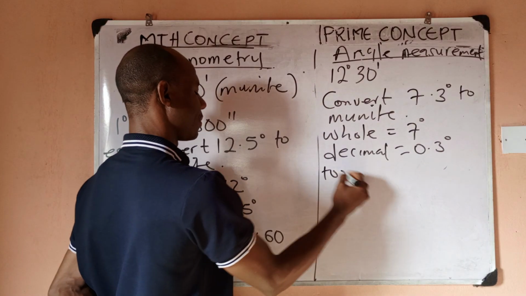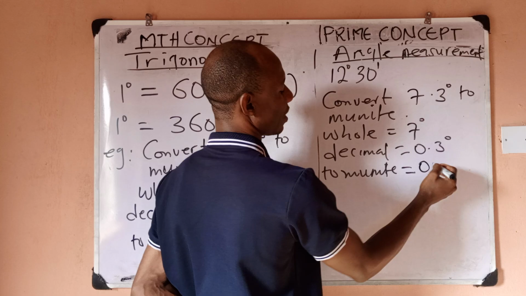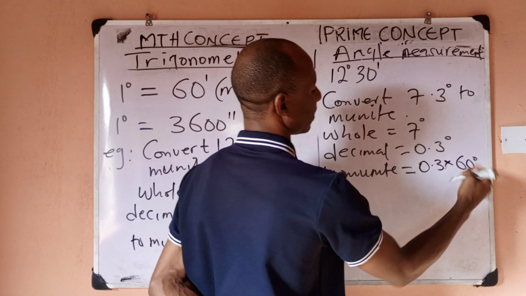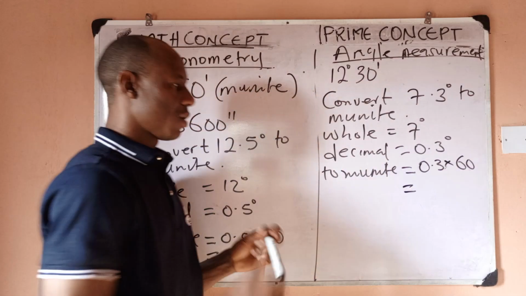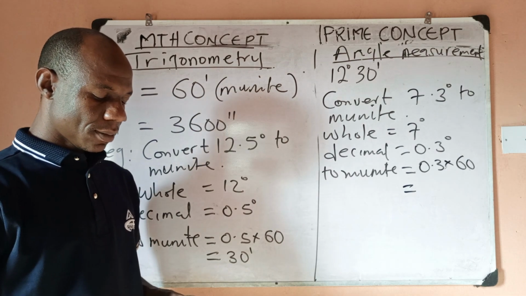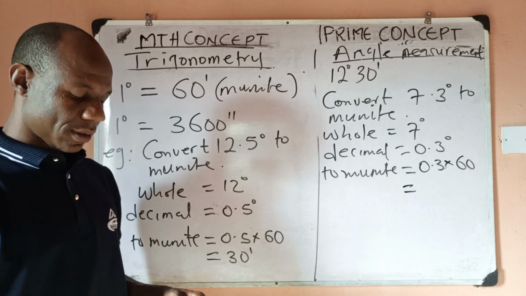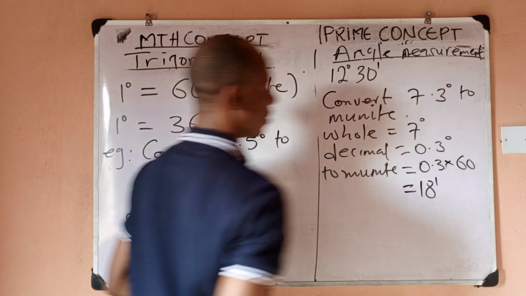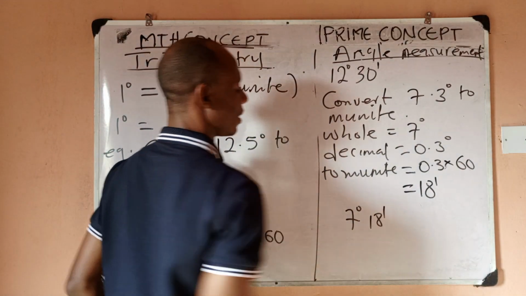So to convert to minutes, we simply say 0.3, which is the decimal part, times 60. Let me quickly multiply that. 0.3 times 60 is 18 minutes. So my answer is going to be 7 degree 18 minutes.